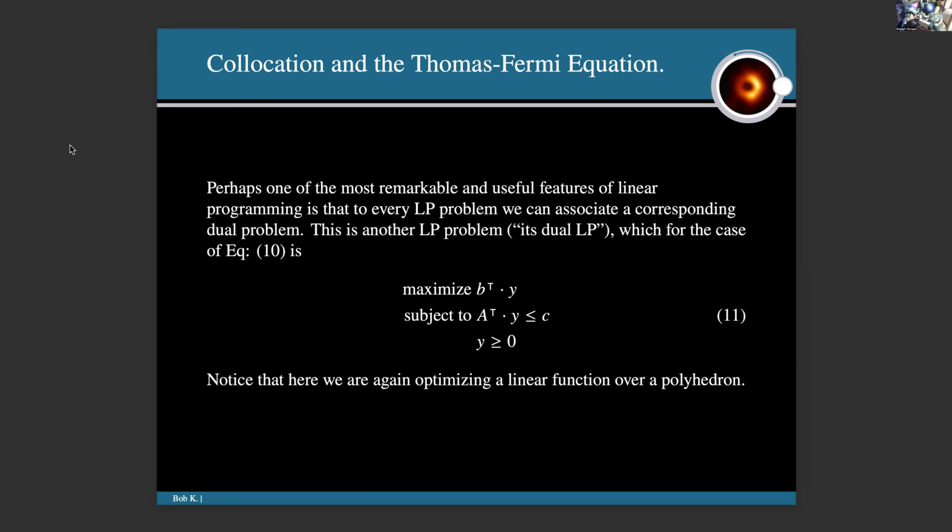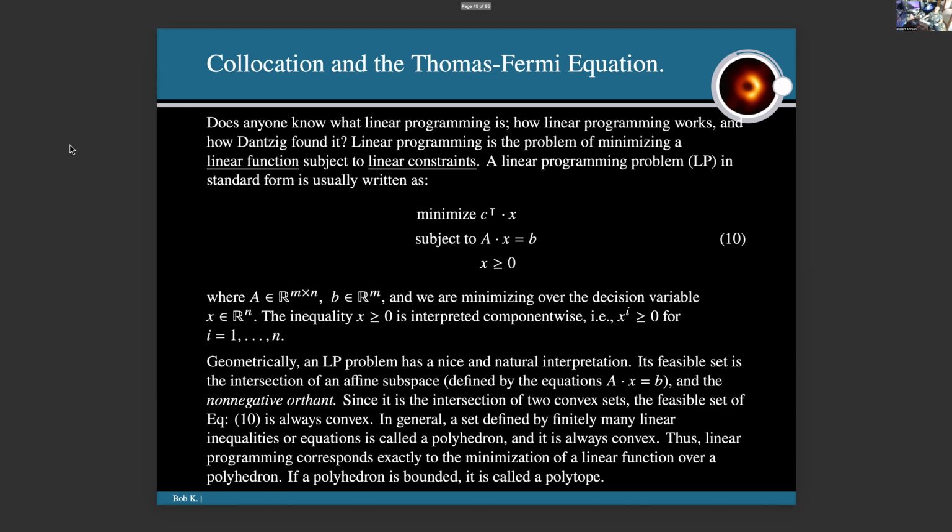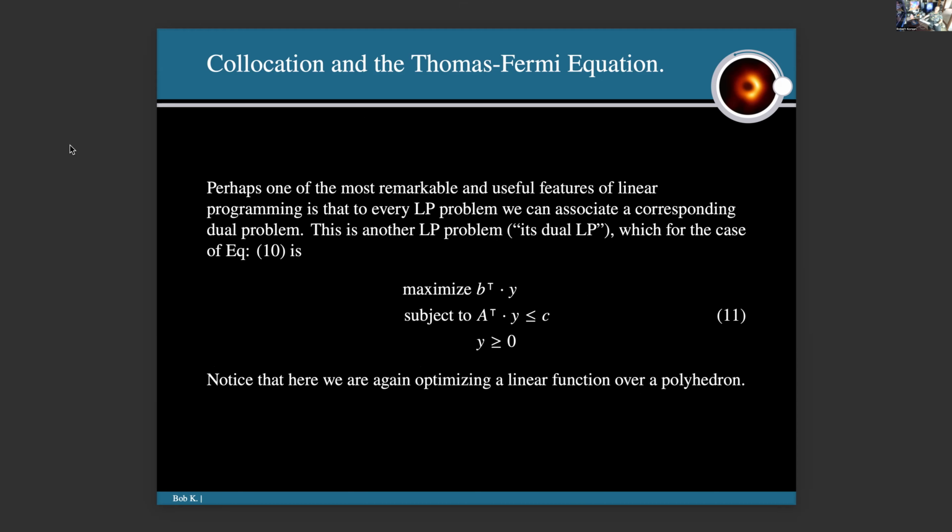One of the things that's really interesting about it is that there's a dual problem. Just like every Euclidean space, you can look at the row vector space as being equivalent to the dual, which is the column space vectors. So you use the inequalities to maximize a different set of decision variables.